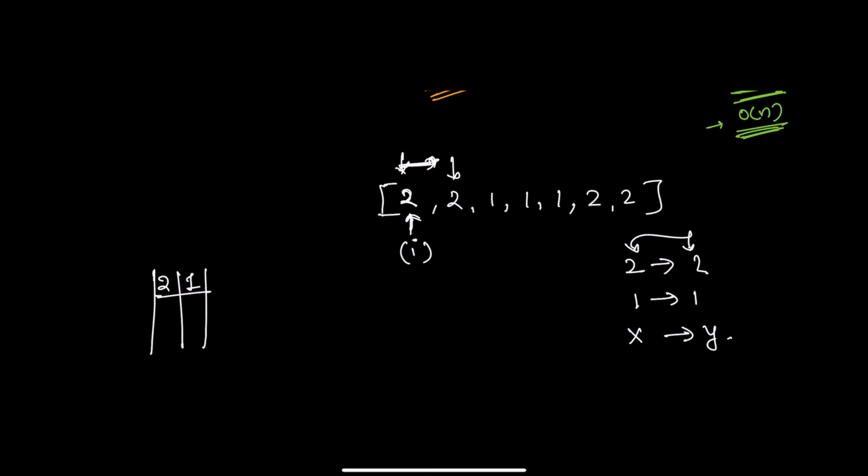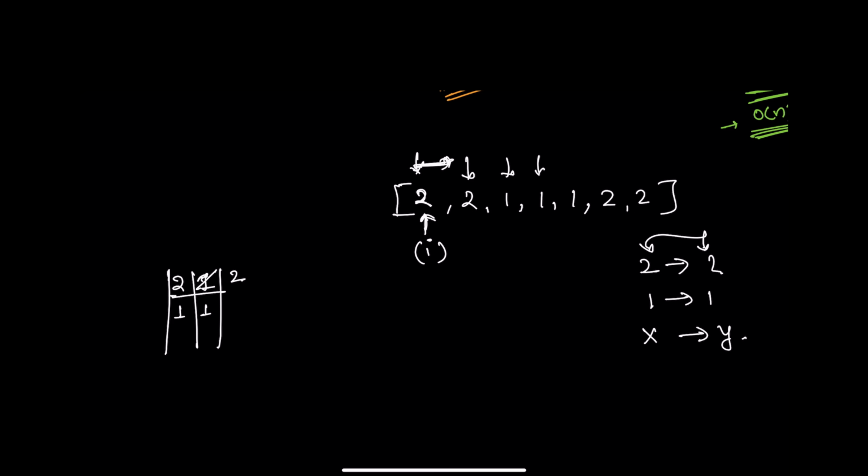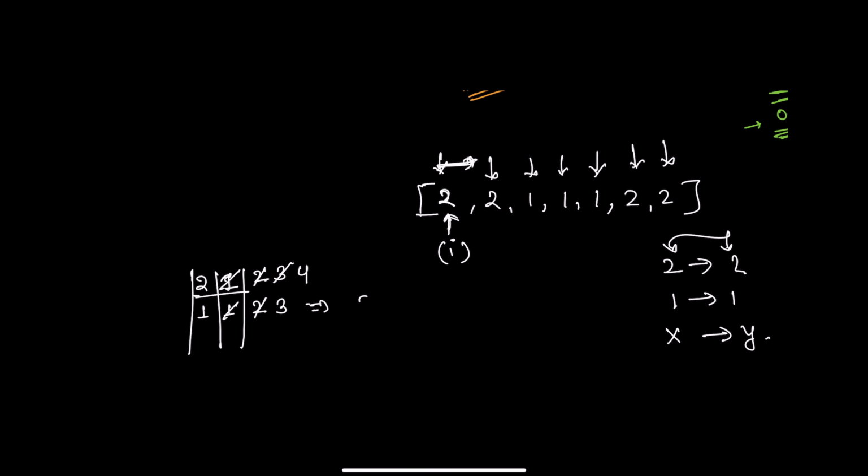The 2 again, we will increase the frequency, 1 got increased to 2. 1 is not present in the mapper, so we will initialize it with 1. Now 1 is already present, we will increase its frequency. Again 1, we will increase its frequency. Now we got 2, 2 is already there, we will increase its frequency. Now again 2, we will increase it. At the end what we got? We got frequency of 2 is 4, frequency of 1 is 3.